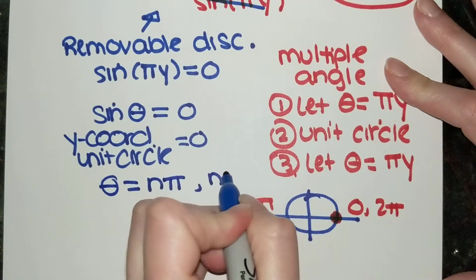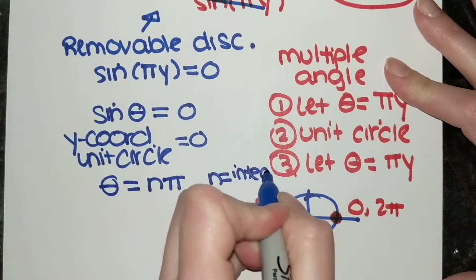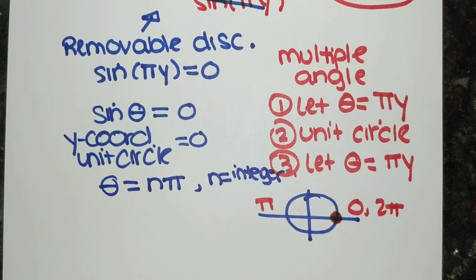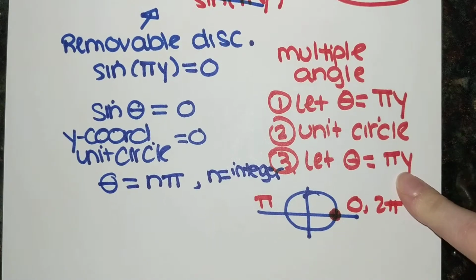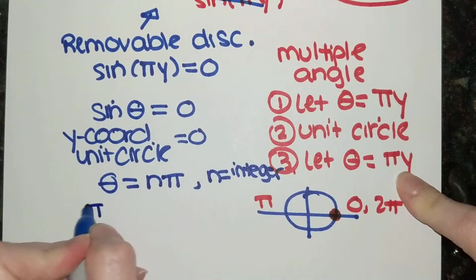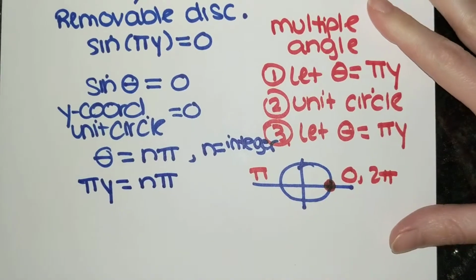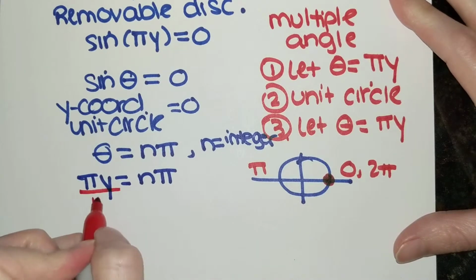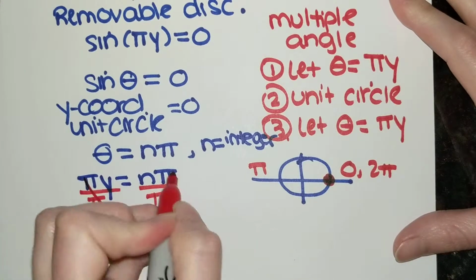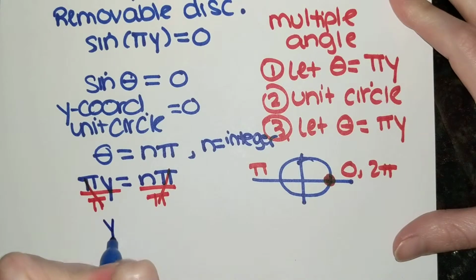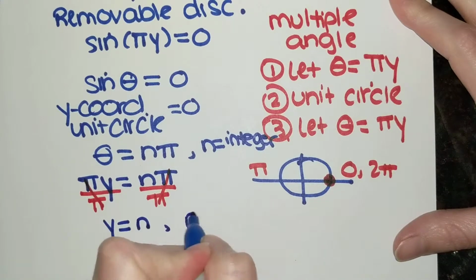And n here is just any integer value. Okay, so once you get that theta is equal to n pi, then you switch it back to your original argument. So you would say theta, pi y, is equal to n pi, and then solve that resulting equation for the variable, so divide by pi, and you get that y is equal to n, where n is any integer.